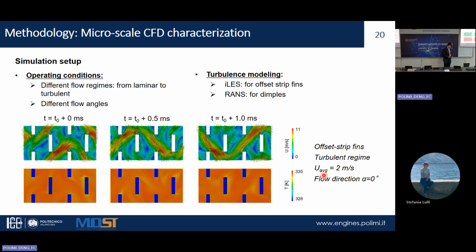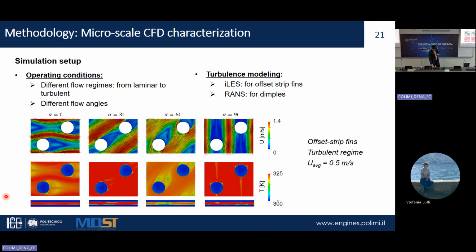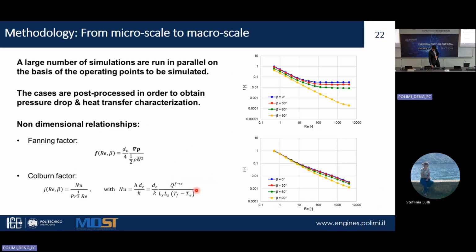So in the end, we can go from a laminar situation to a transient simulation where we have, not properly turbulence, but an unsteadiness of the flow, which forces us to perform a time average of the solution. And the final step of this is what? Similarly, we apply this to the dimple plate, changing the alpha and also the Reynolds number.